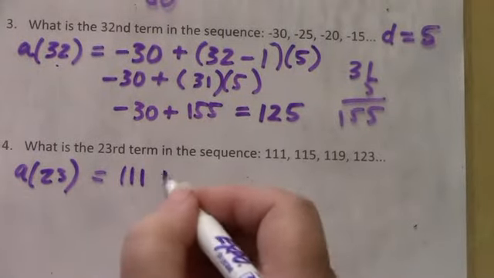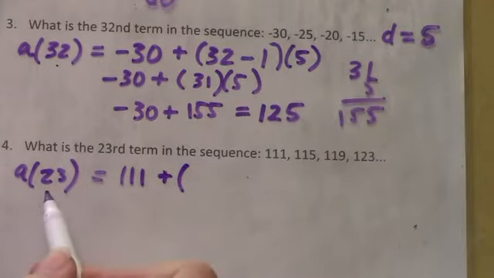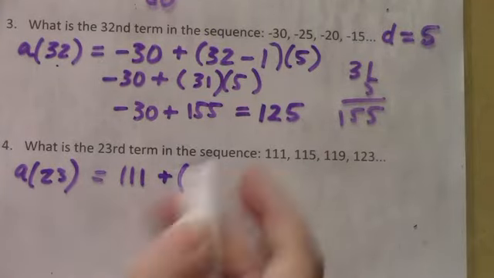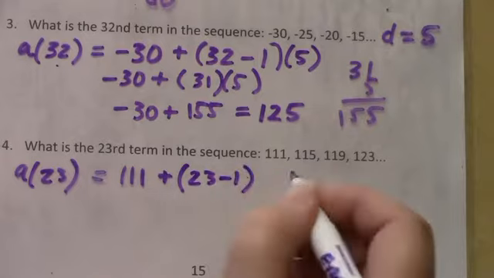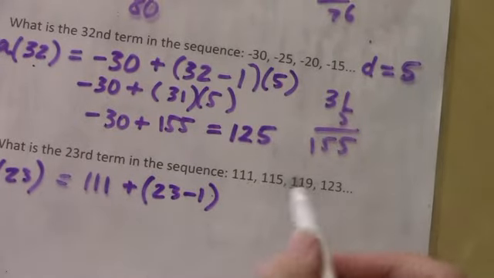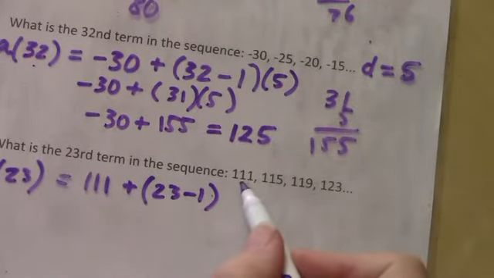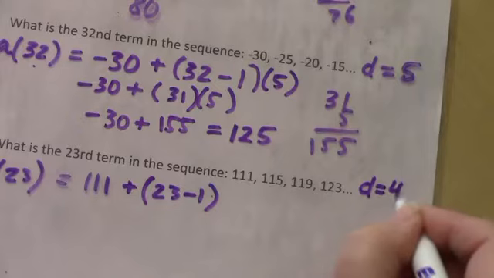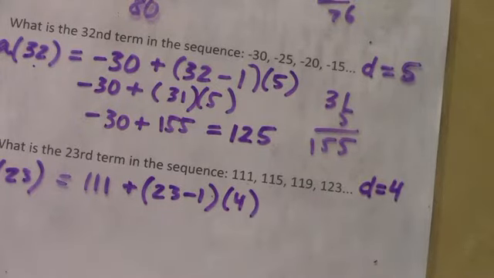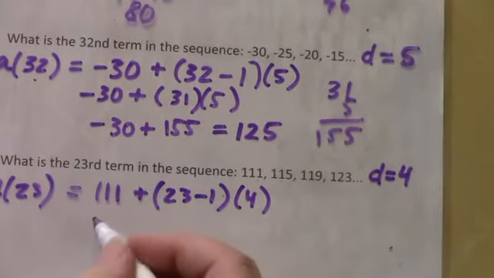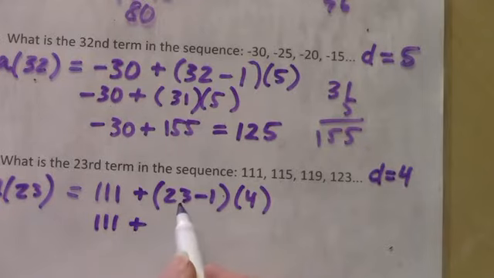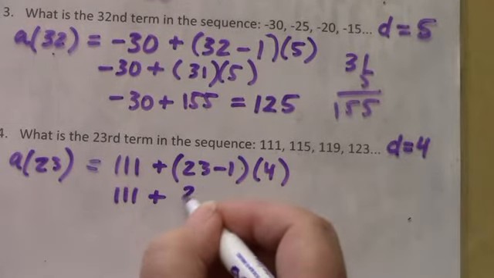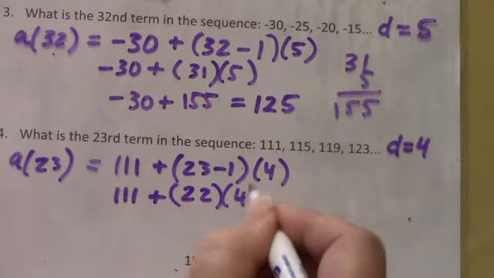What was I thinking? Plus, now what's my n minus 1? My n is 23. And what's my d? The difference. I am going from 111 to 115 to 119. I'm adding 4. So my d is 4. So I'm going to multiply that by 4. I don't want to make a list of these big old numbers. 111, 23 minus 1 is 22, and we're going to multiply that by 4.